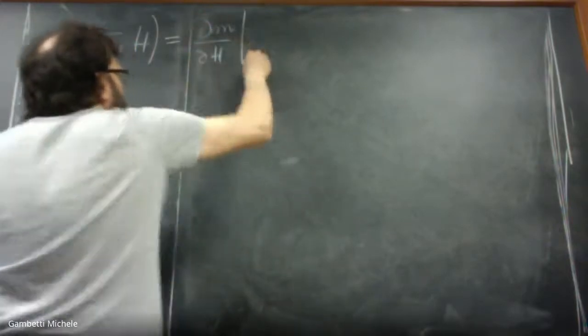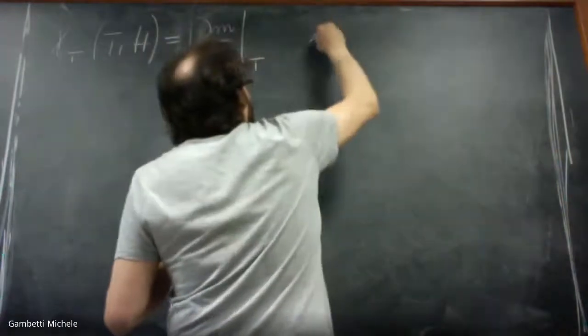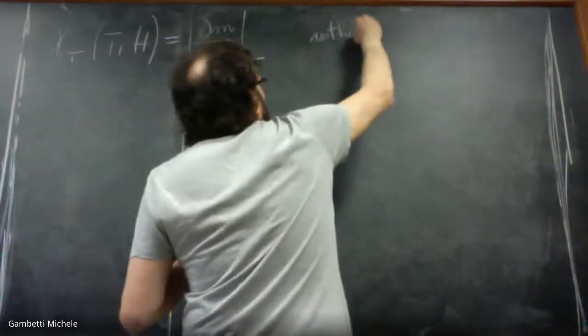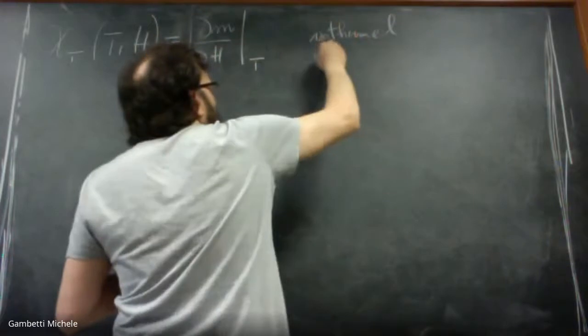The second quantity that we want to define, I think we saw it already in the case of magnetism, is the isothermal susceptibility, which we call chi of T, a function of T and h, and it is provided by the derivative of m with respect to h at a fixed temperature.